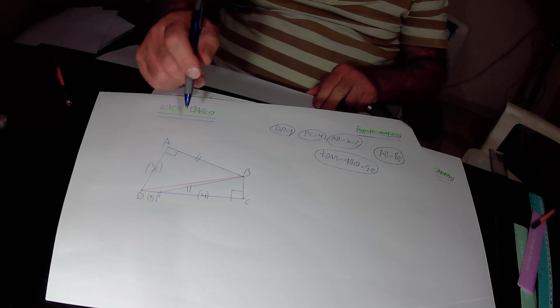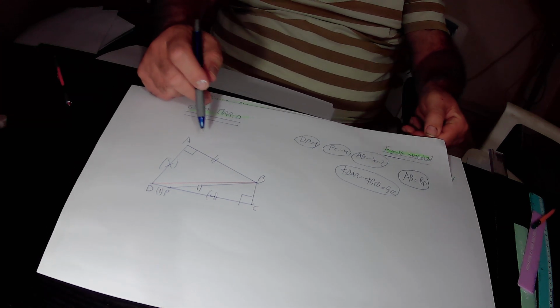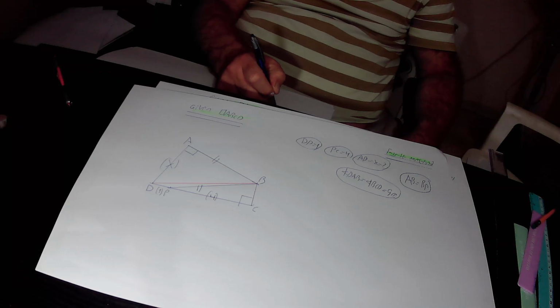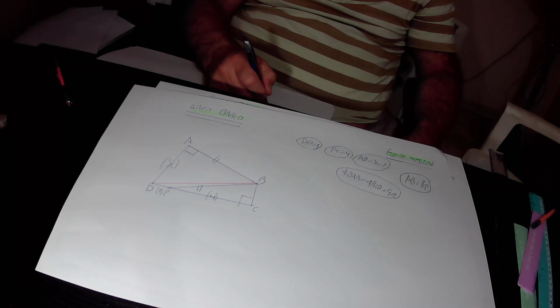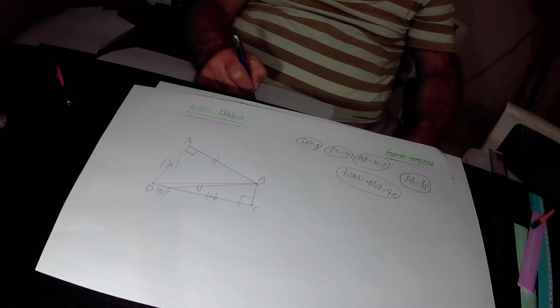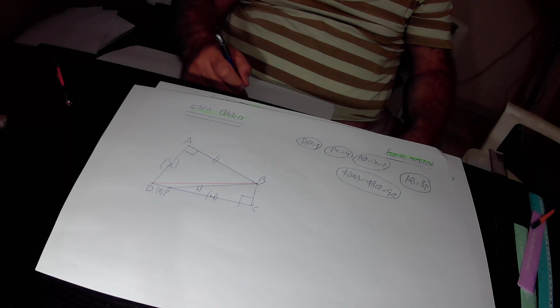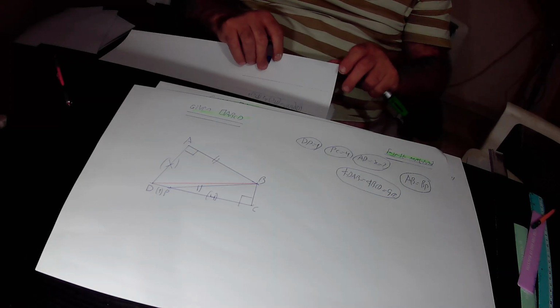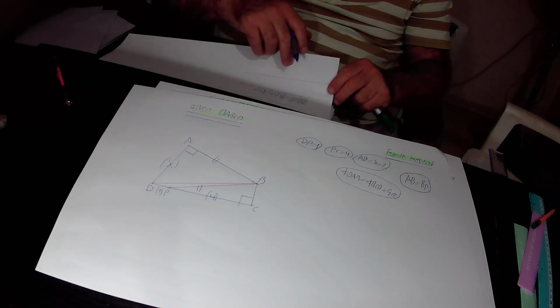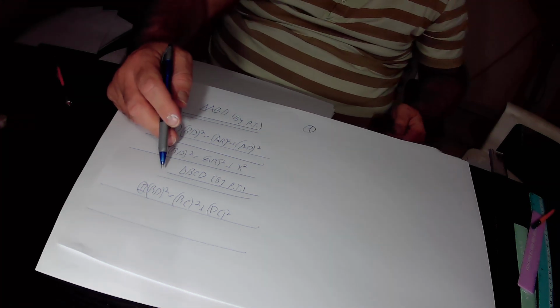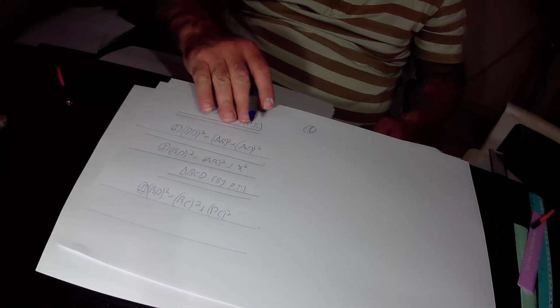In this lower right triangle BCD, BD squared, that is the square of the hypotenuse, equals BC squared plus DC squared. According to the Pythagoras theorem, in the lower right triangle BCD, BD squared equals BC squared plus DC squared.